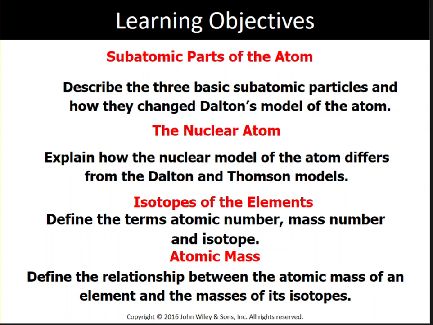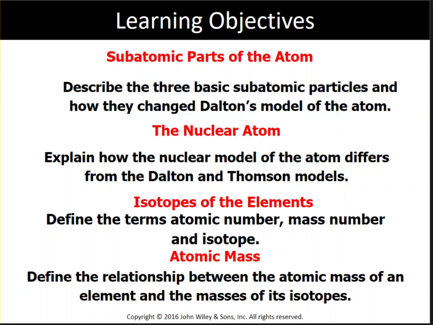Now, for this chapter, you're going to need your periodic tables. Get your periodic tables out. We're going to learn how to find the number of subatomic particles. Part of it is from the periodic table and part of it is by calculations.